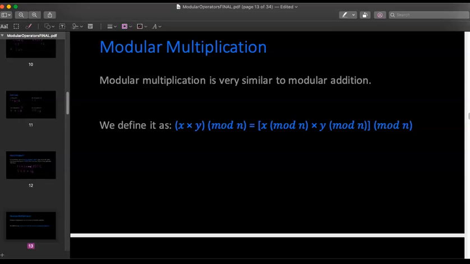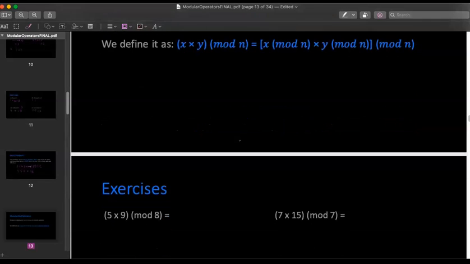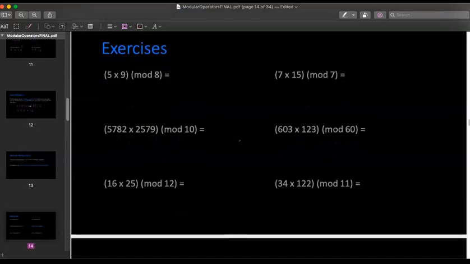When we're taking the mod and we're giving it to x and y, and then we're taking the mod of the product of those 2 numbers. So let's take this formula and try some for ourselves.